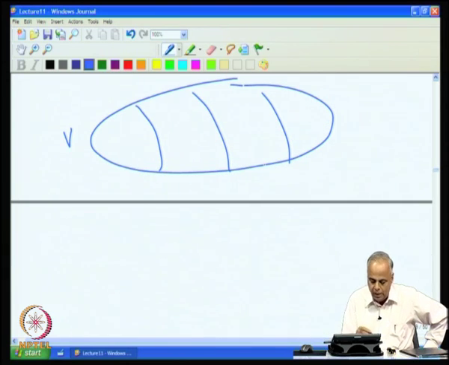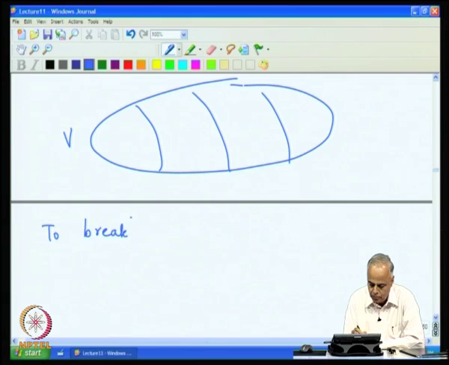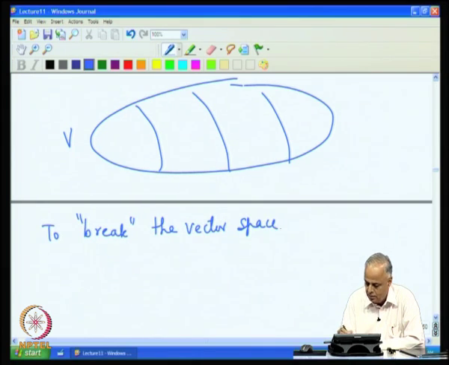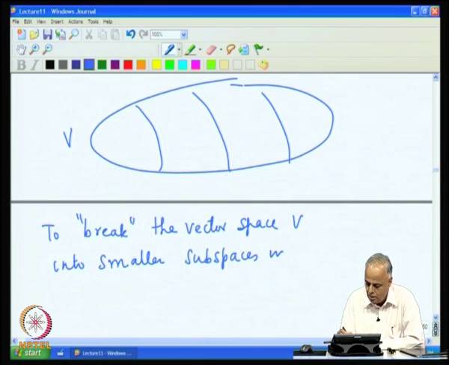So, our idea will be to break or decompose the vector space V into smaller subspaces in such a way.